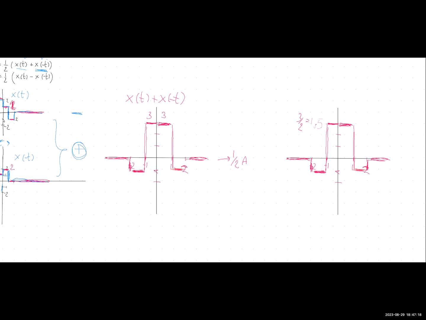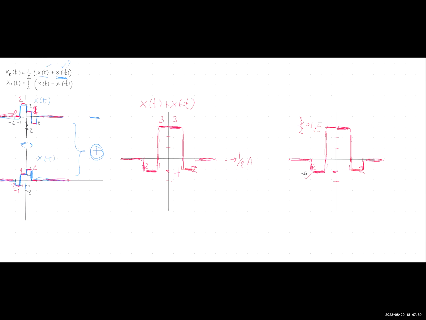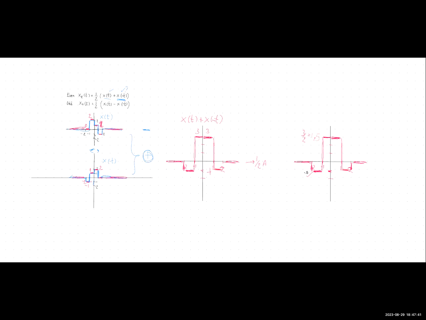Okay, now look at our lower bound. It used to be -1, right? So what is this going to be right now? Thank you, 0.5, correct. So this is how our even function looks.